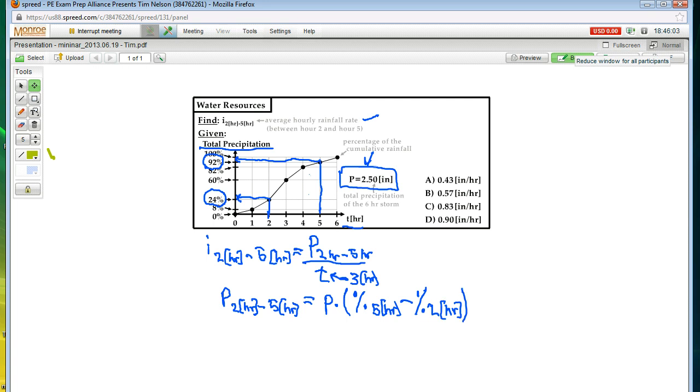Alright. So we'll go ahead and just plug in our numbers. The P value we've been provided is 2.5 inches.